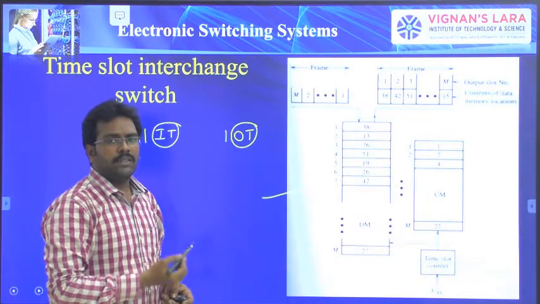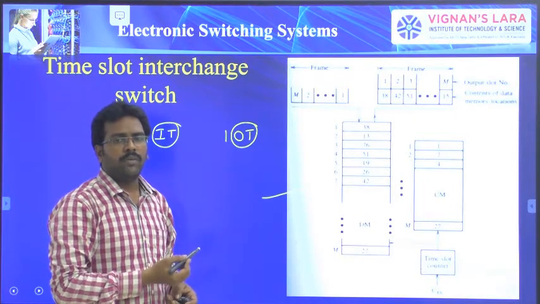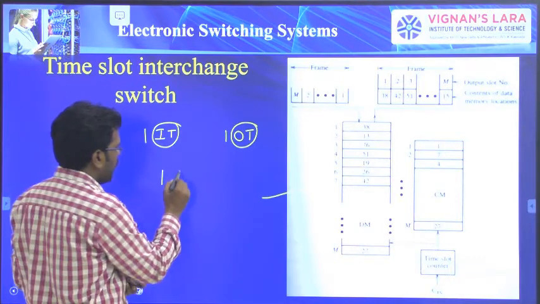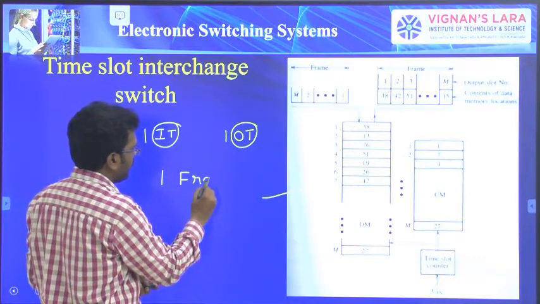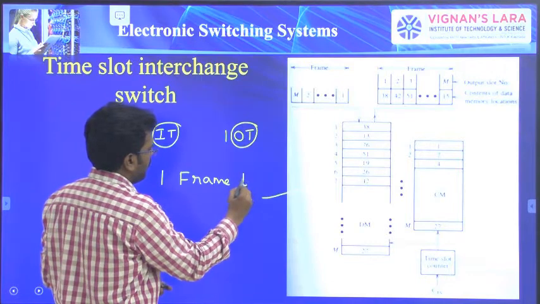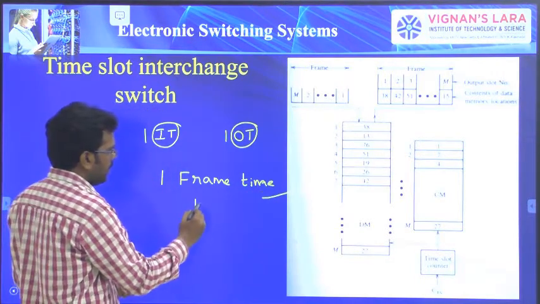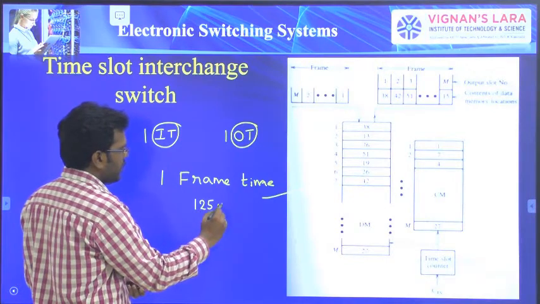From the previous classes on time multiplexed switching, we came to know some definitions, such as one frame time. What is one frame time? One frame time is 125 microseconds.